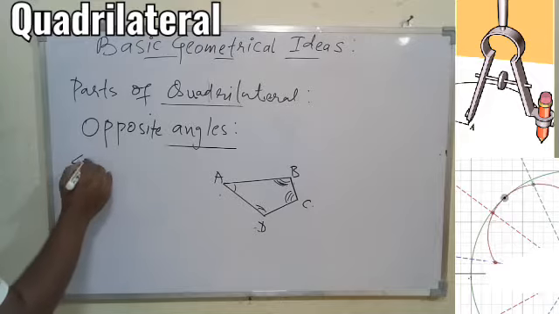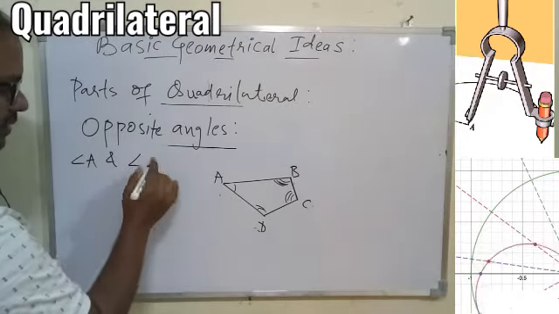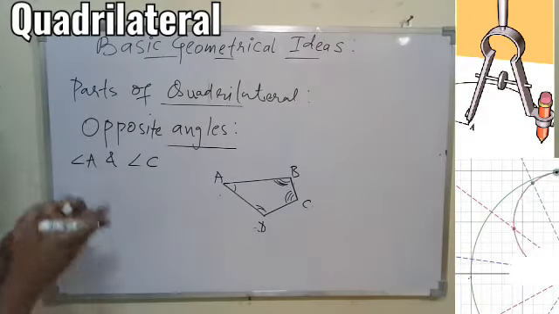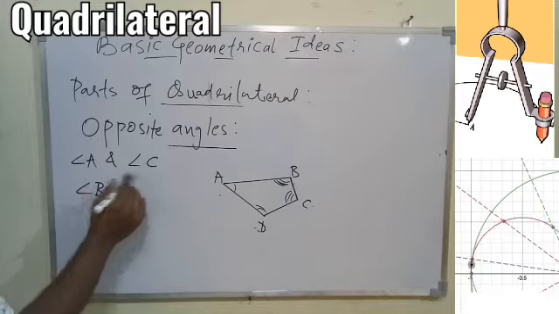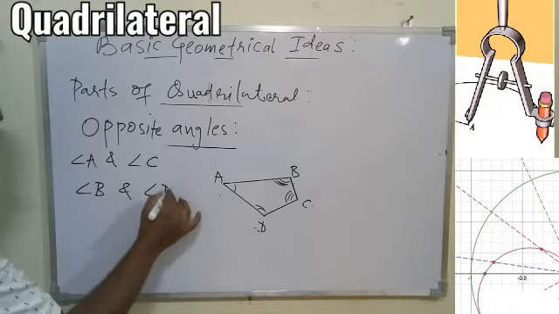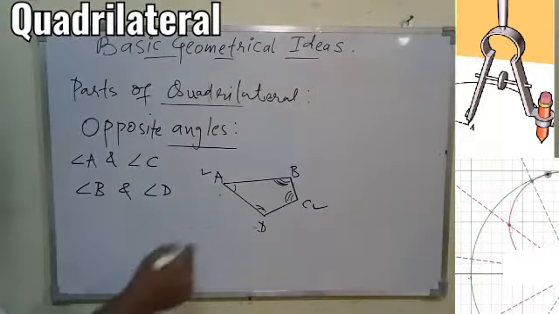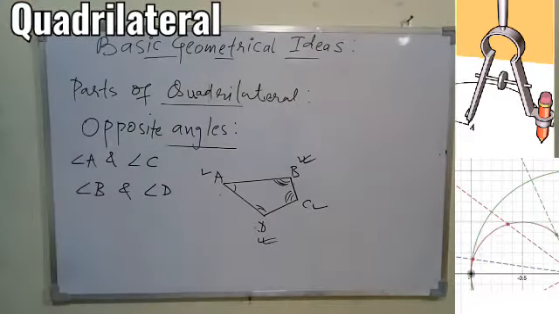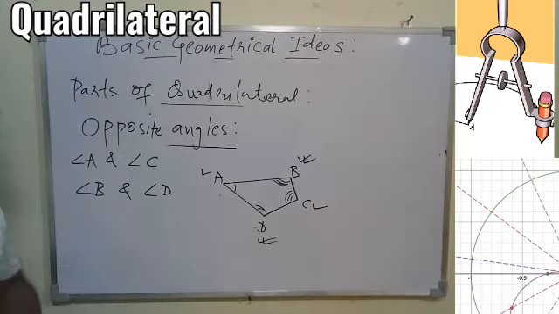Angle A and angle C is one pair of angles which are facing each other, so these are called opposite angles. And angle B and angle D are facing each other, so they are also opposite. I hope you understood the opposite angles.